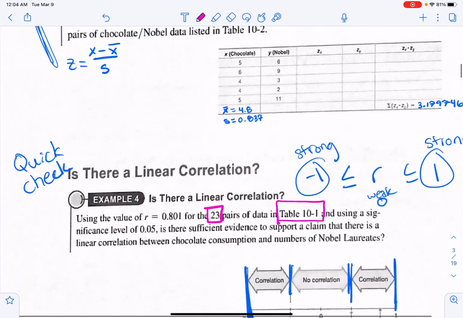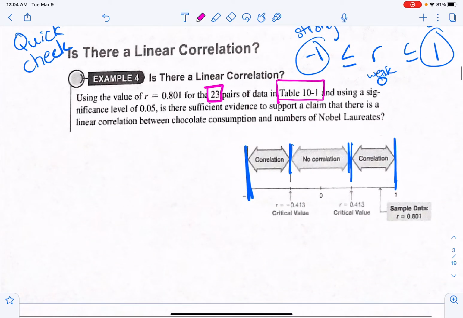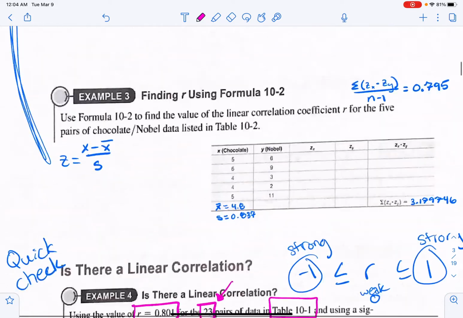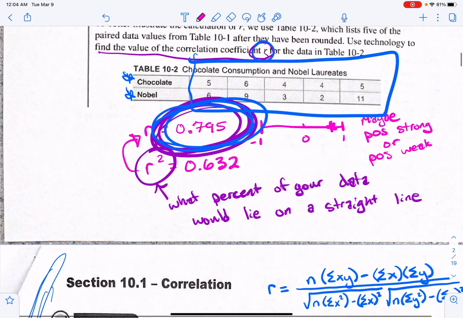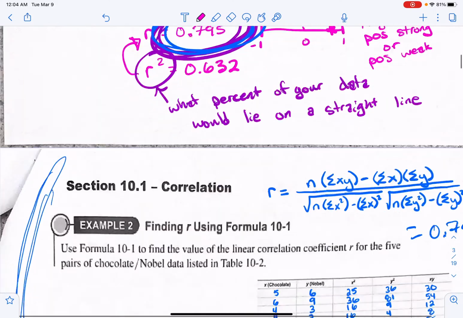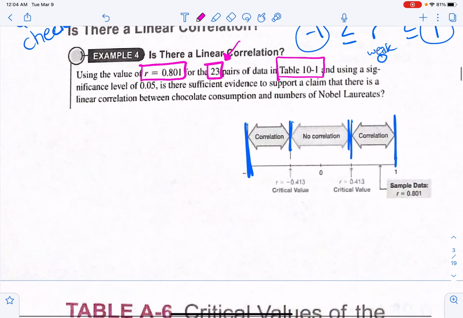But in this problem, they're giving you all 23 pairs, and they say all 23 pairs have an R value of 0.801. That's why this R value is not the same as what we got yesterday. 0.795, those are pretty close, but that's why they're different, okay? So the R value that we're comparing to is 0.801.